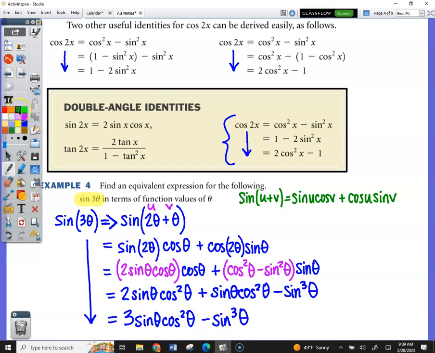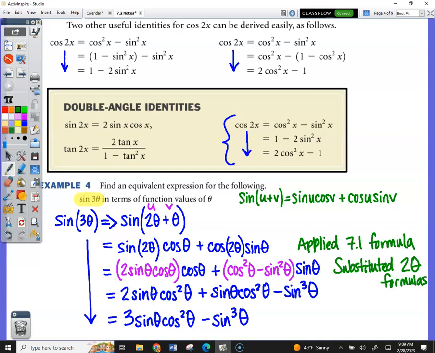I'll go to green. We applied right here the 7-1 formula. Then we substituted, I'm going to put double theta formulas. So it was 2 parts.